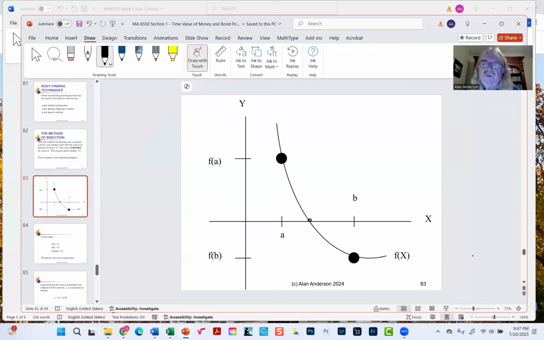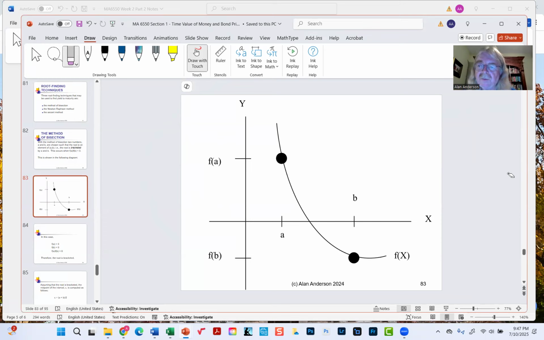We need to find 2 points that are on the outside of this intersection with the horizontal axis, meaning that A has to be less than this point and B has to be greater than this point. Otherwise, we can't find what we're looking for. So in other words, you would never put B over here or A over here. One has to be where the curve is positive and the other has to be where the curve is negative.